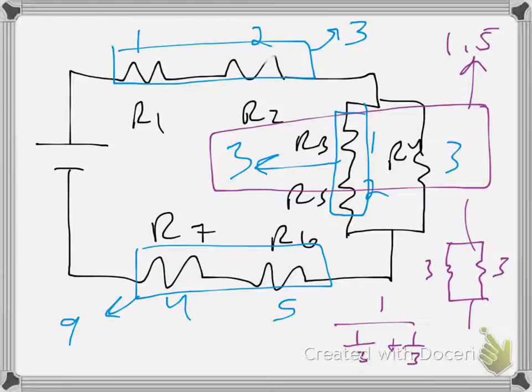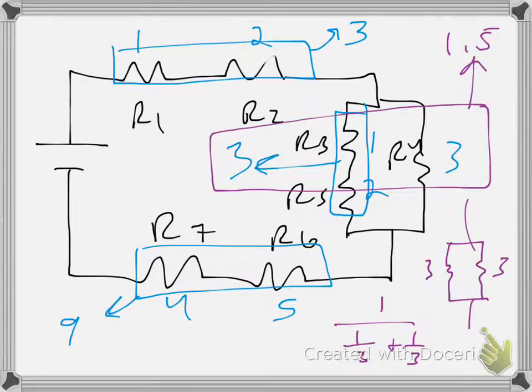So what I like to do is then draw a circuit that shows our systems. Oh, and our battery was 12 volts. So I have a 12 volt battery, and I have the first system, which was 3 ohms.